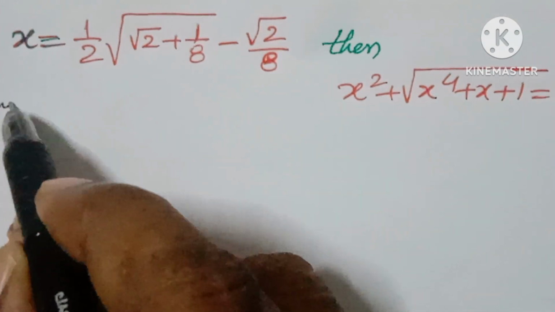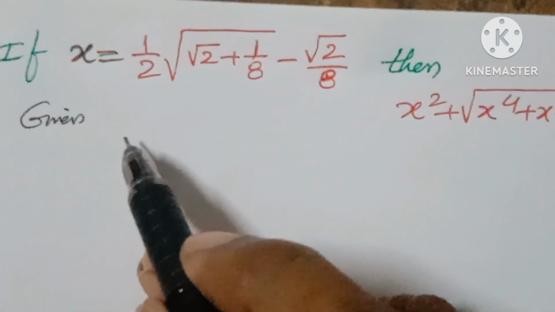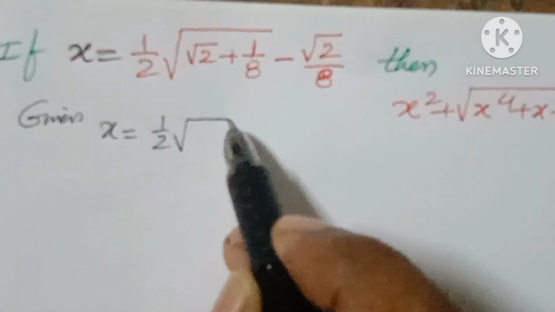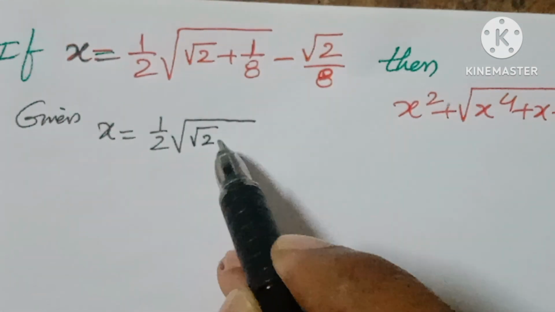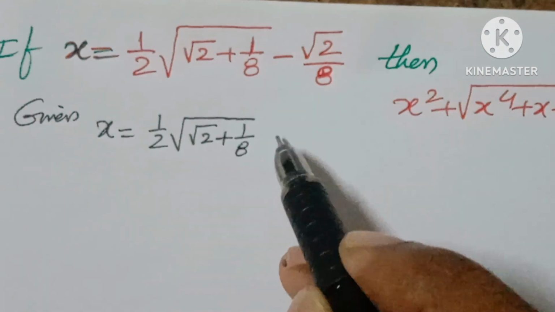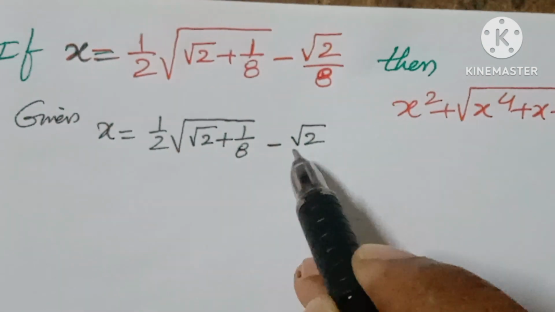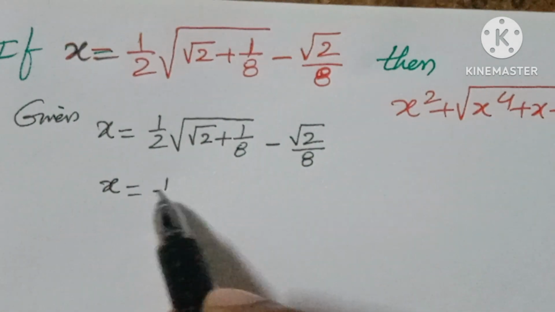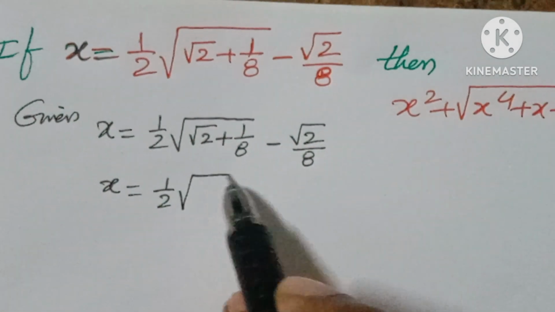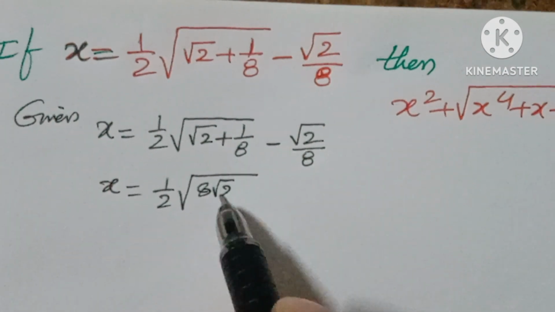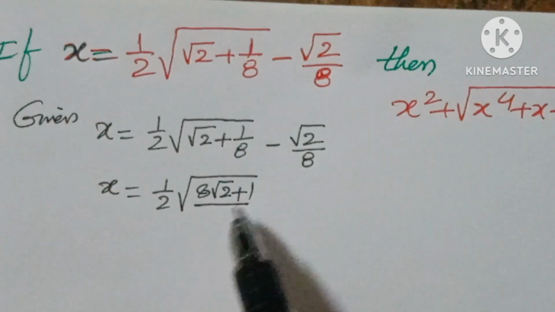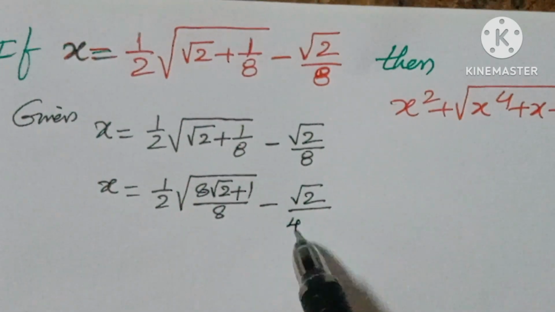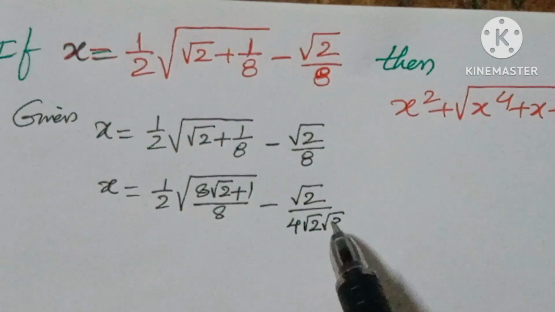So first of all, given x is equal to 1 by 2 square root of root 2 plus 1 by 8 minus root 2 by 8. This can be written as x is equal to 1 by 2 square root of 8 root 2 plus 1 by 8 minus root 2 by 4 into root 2 into root 2.